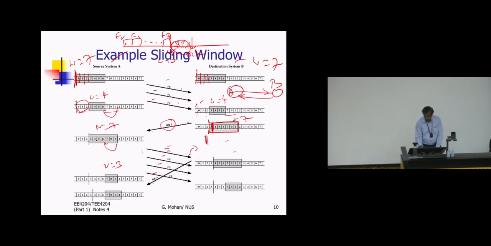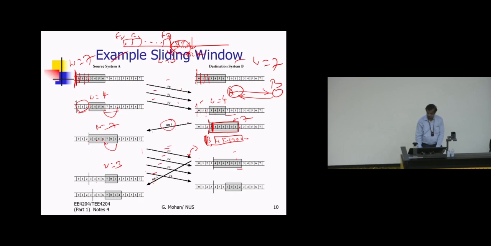The vertical bar will be here, 3 will be here, 4, 5, 6, 7, 0, 1 will be here. Now, this is the window at this point. Now it sends RR4. RR4 means what? It's acknowledging the earlier frames. Earlier frame means here there is only one frame which needs to be acknowledged. So it is expanded by 1. So this is the state after it sent RR4.